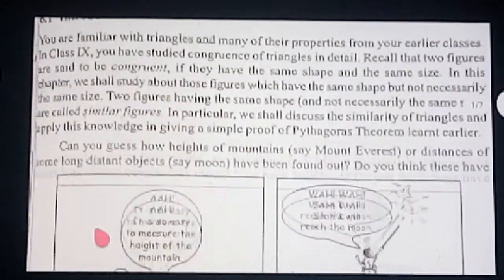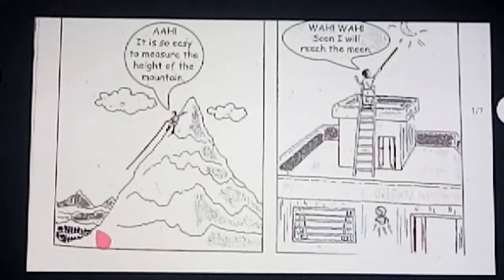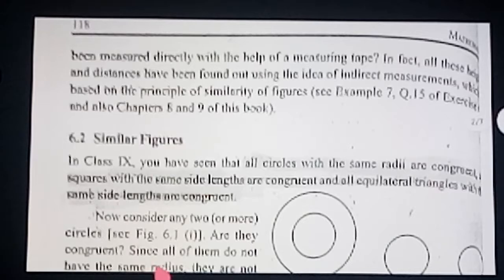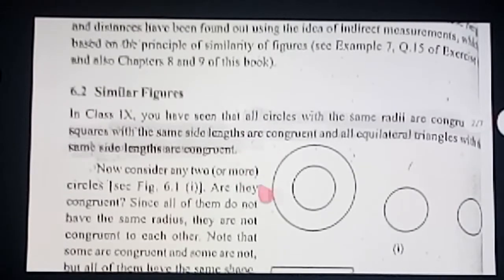This is your textbook page only. And here, see this sentence, listen. Here you can see different circles: one circle here, one circle inside, one circle outside, and so on. These all have the same shape, so these figures we can say are similar figures.